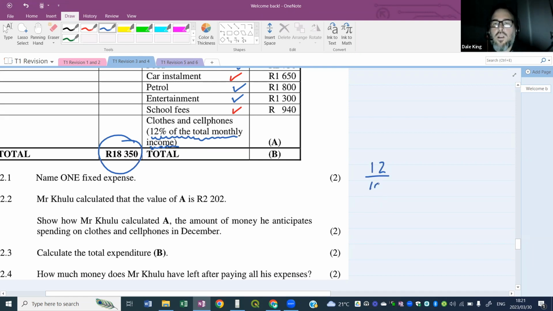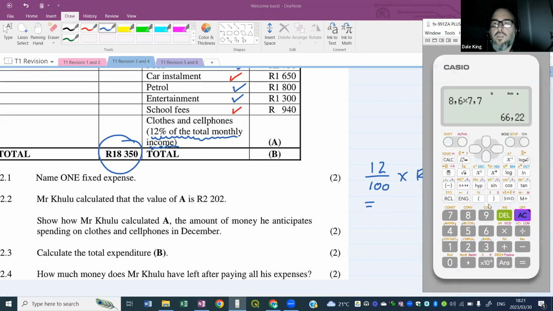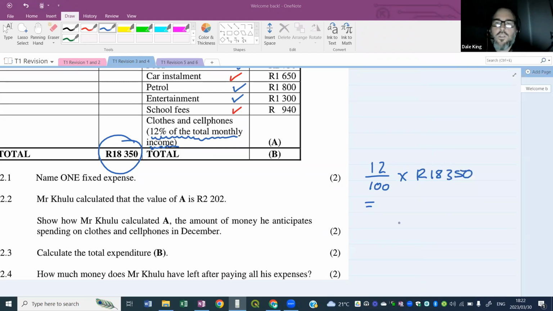So 12 over 100, like I saw in chat, times the 18,350. And let's see what we get. Get the calculator out. 12 over 100. Times 18,350. All right, there we go. We're getting the same thing as the question.